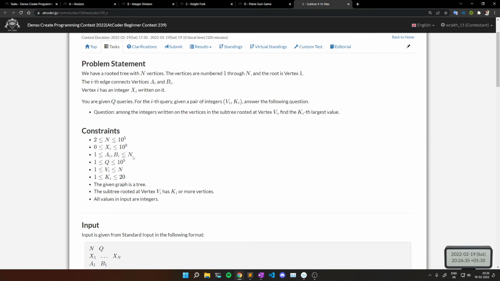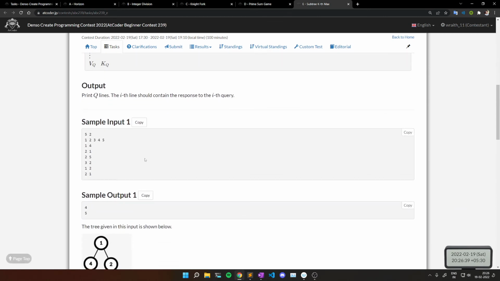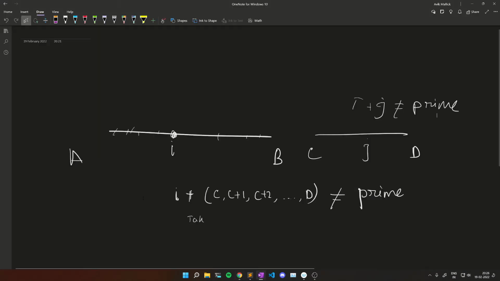So let's see what the problem is actually asking us to do. Let's say this is the input. I will first draw the tree for this one. So there are 5 vertices, and initially they have started from vertex 1, but I will start from vertex 0.